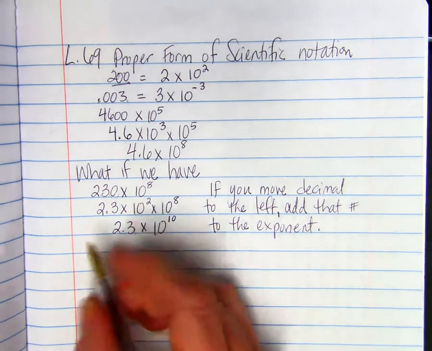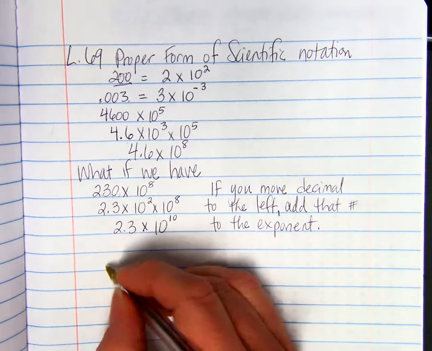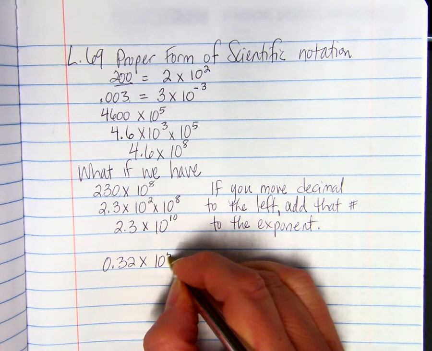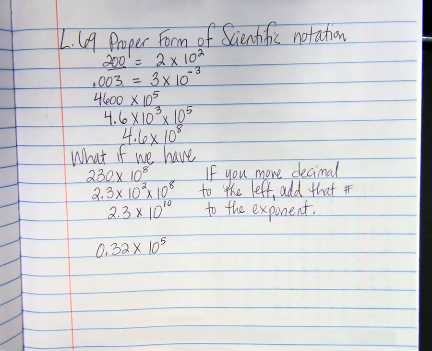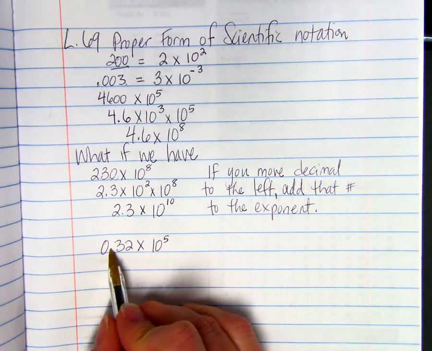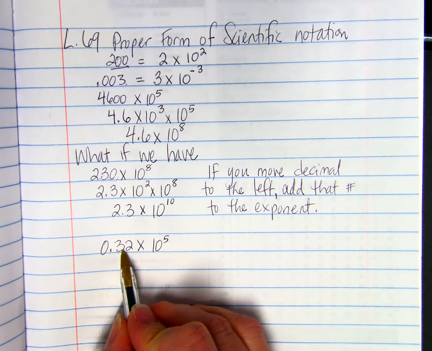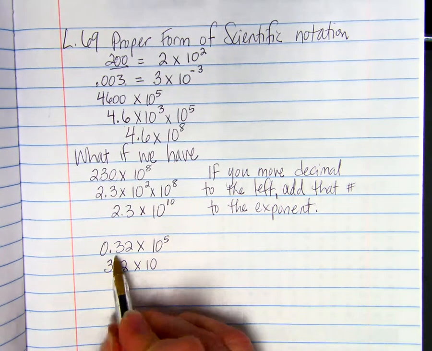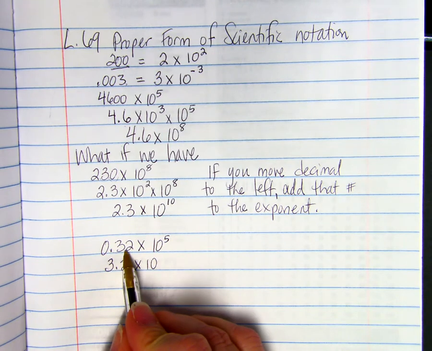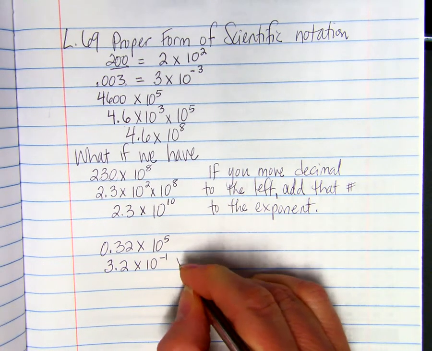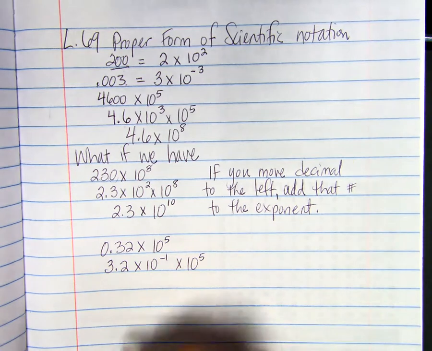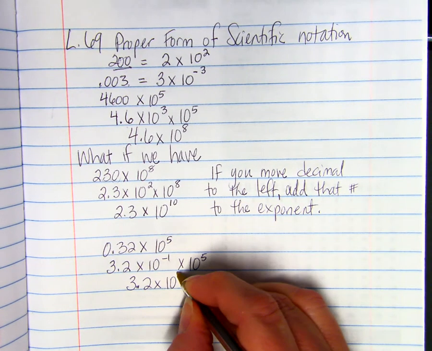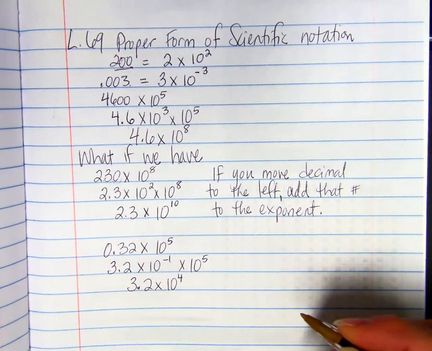Here's another example where we don't have the decimal in the right place, so it's not proper scientific notation. Now we have to move it 1 time to the right to get 3.2. In order to do that, when we move it this way, it's going to be to the negative first, which becomes 3.2 times 10 to the 4th power.